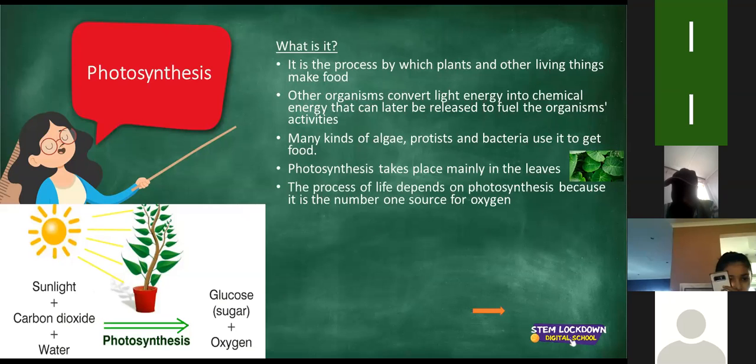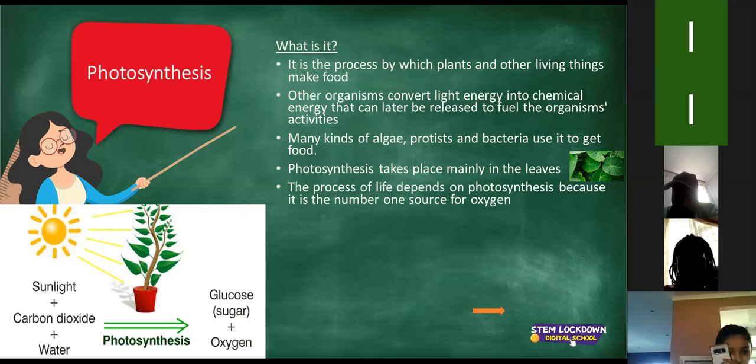The process of life depends on photosynthesis because it is the number one source of oxygen. Why is it that photosynthesis is considered the number one source for oxygen? How about you type in your chat and let me know why you think photosynthesis is the number one source for oxygen?